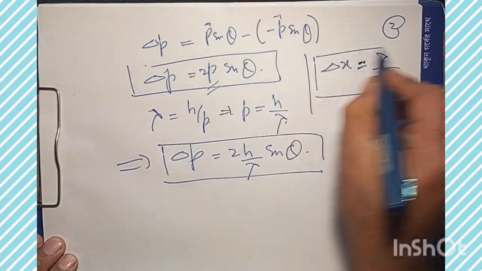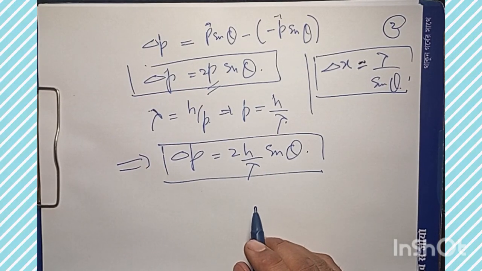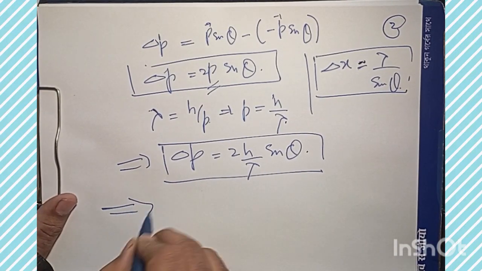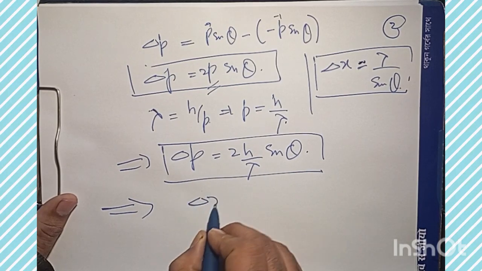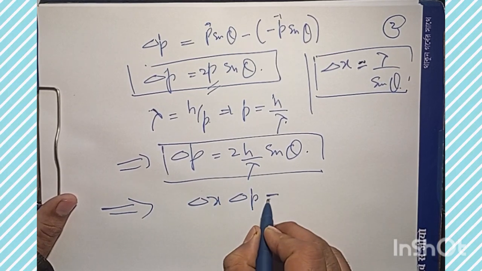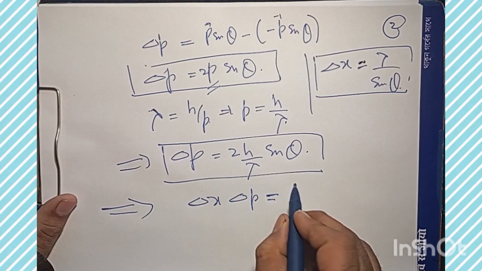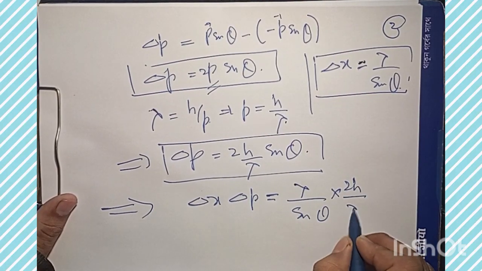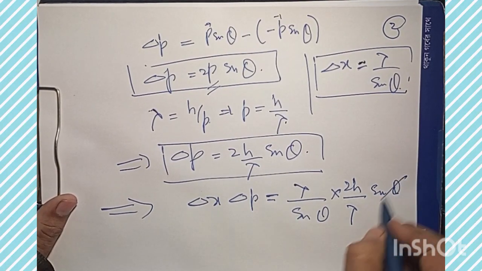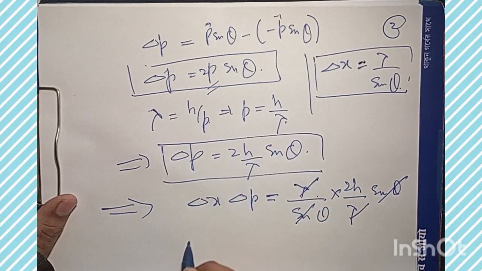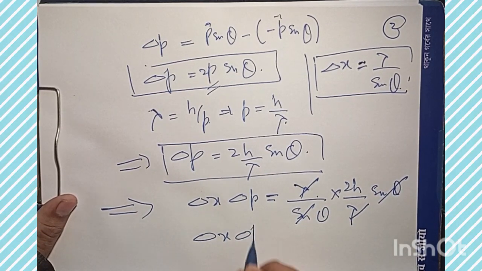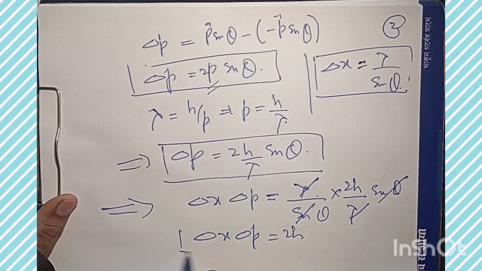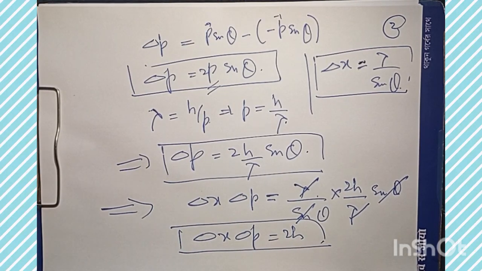This is my uncertainty in the measurement of position, and that is my uncertainty in momentum. So I can multiply the two: delta x delta p is lambda by sine theta times 2h sine theta by lambda. Sine theta and lambda cancel, so we get delta x delta p equal to 2h, which is certainly in agreement with Heisenberg's uncertainty principle.